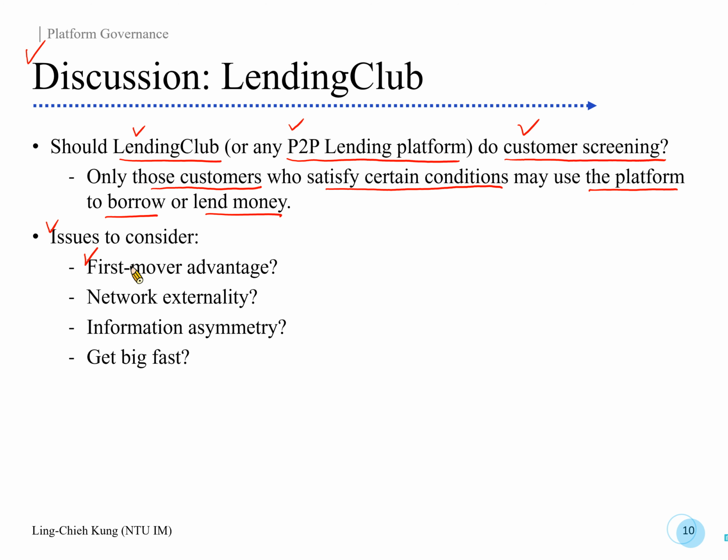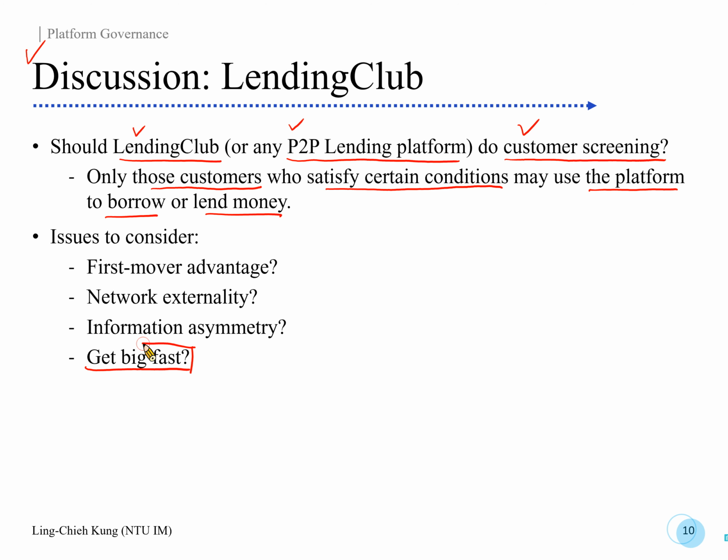So there may be some issues about first mover advantage. As a platform, you always want to acquire users, for example here, borrowers and lenders, as quickly as possible. All right? So you want to get big fast in some sense. But maybe that's not something you need to do.